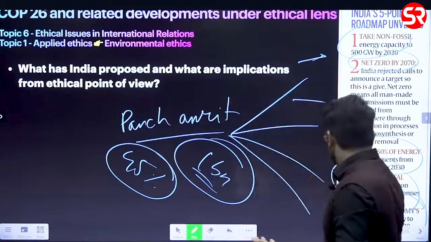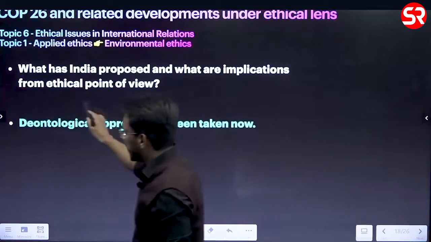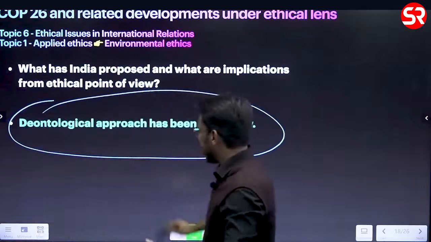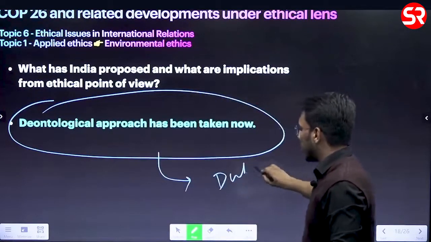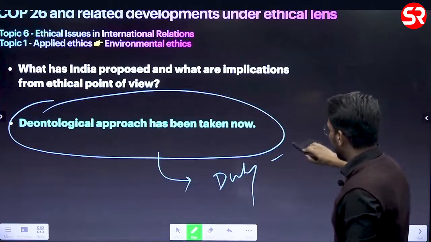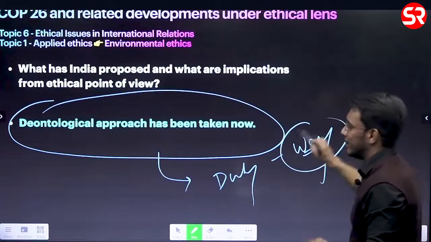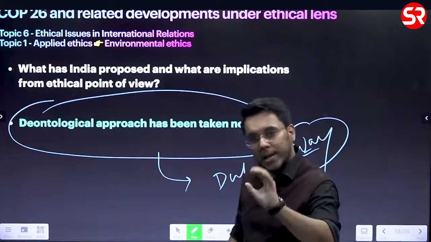What are the implications? Let's understand it. Number one, it shows that India has switched to the deontological approach. A deontological approach pertains to where you focus more on your duty. You focus more on the way of doing things. The way becomes more important. Now, earlier also India was doing much.